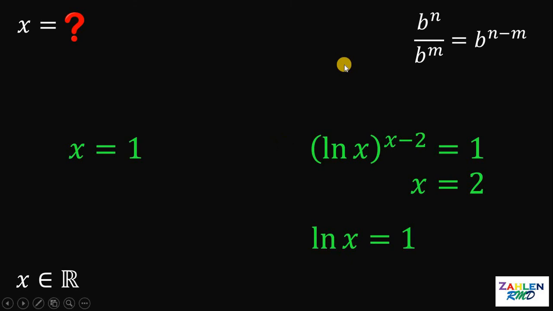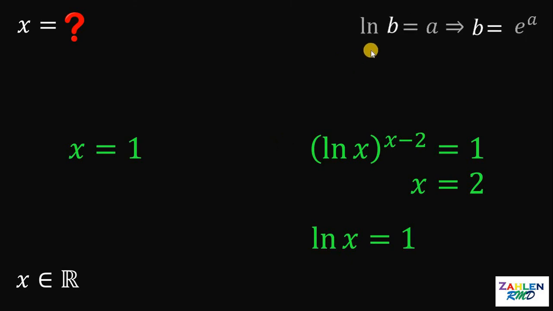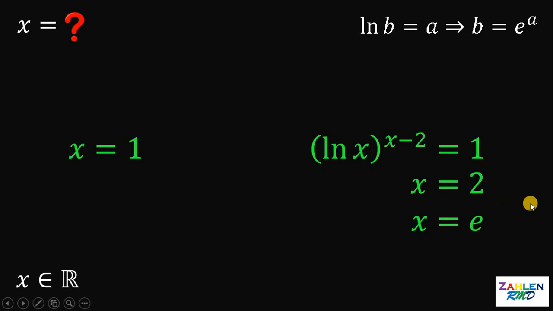Now, at this point, take note that if we have ln of b equals a, this can be written in exponential form as b equals e raised to the power of a. Therefore, this ln of x equals 1 can be written as x equals e raised to the power of 1. Now, e to the 1 is just e. Therefore, on the second equation, we get that x equals 2 or x equals e.